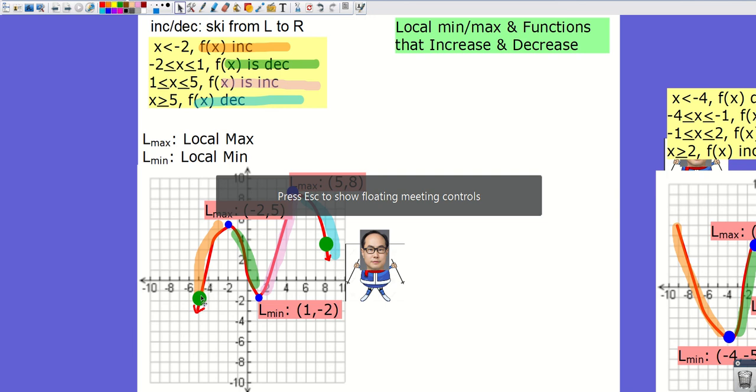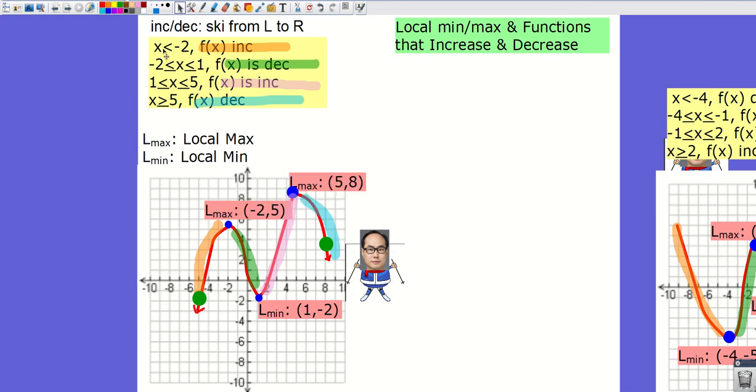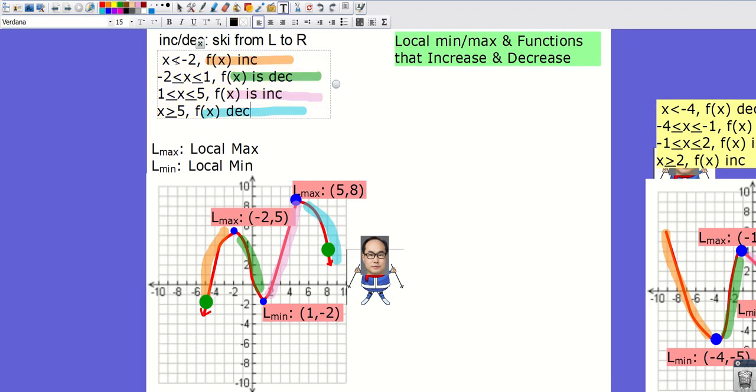So this orange segment points left, so this symbol points left. This blue segment, after pinching it, points right, so this symbol points right.